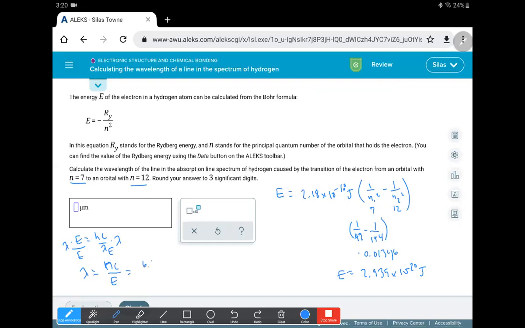So that is 6.626 times 10 to the minus 34, times 3.00, and then we put our energy that we just solved for, 2.935.